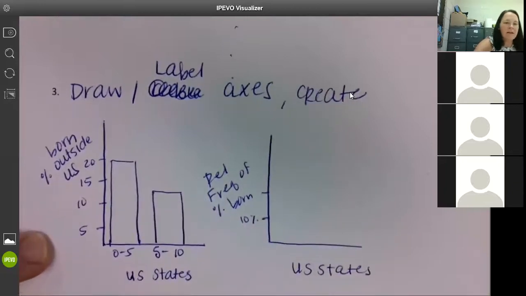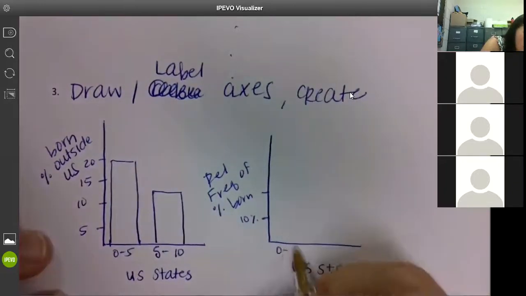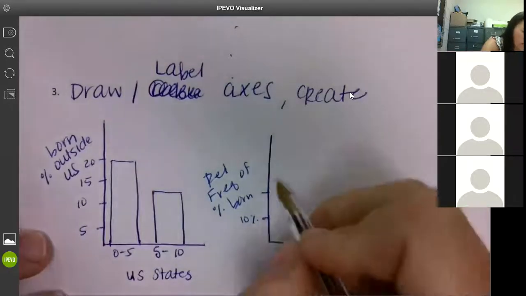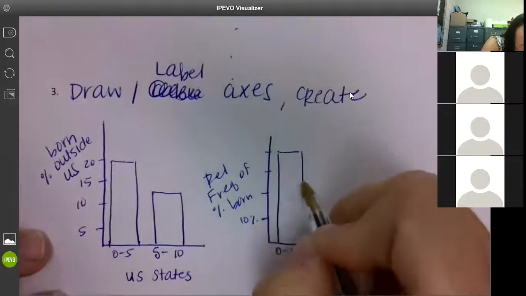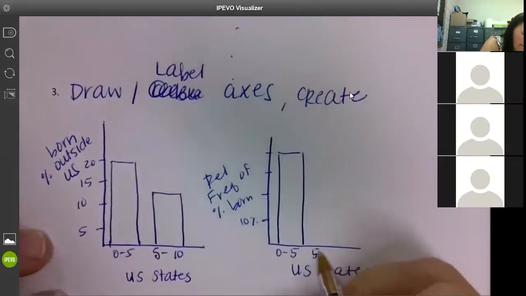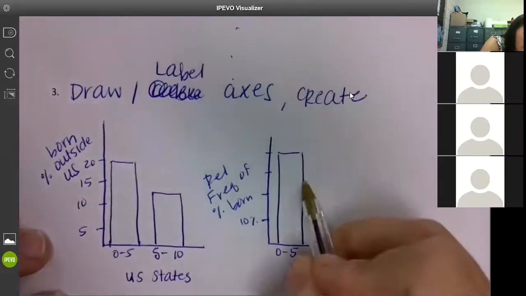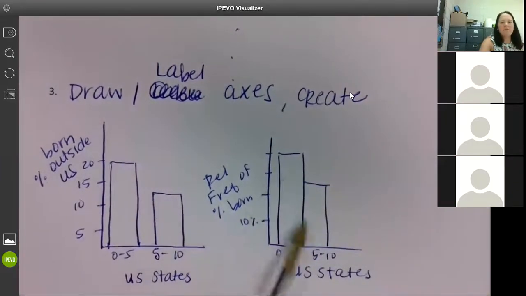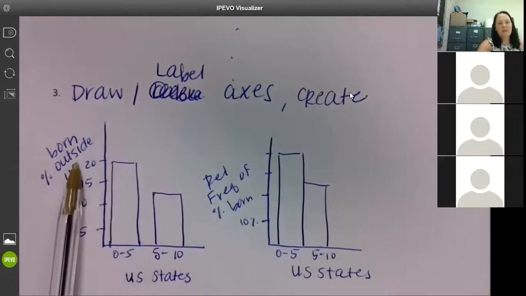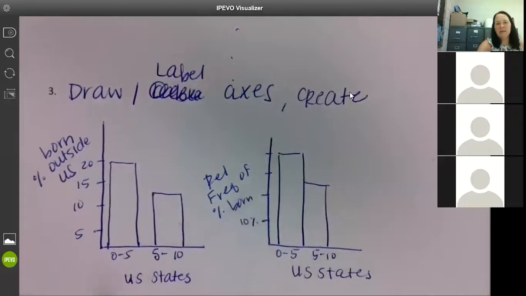And then US states, same categories. 0 to 5 had 40%. 5 to 10 had 26%. And if you look, guys, they're going to be the same shape. So it doesn't matter if you do frequencies or relative frequencies. Sometimes it's better just to do this than to try to turn it into those percents and screw it up.